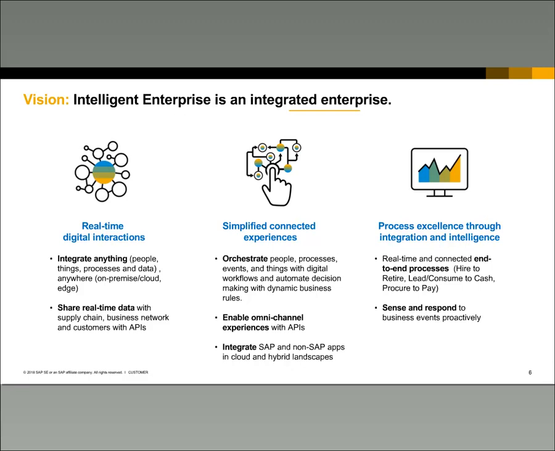First, we try to enable real-time digital interaction. And here, first of all, as I already mentioned, we don't just try to integrate applications, but also people, processes, and data. And we look at integrating them anywhere: on-prem, on cloud, in the edge, on third-party infrastructures.